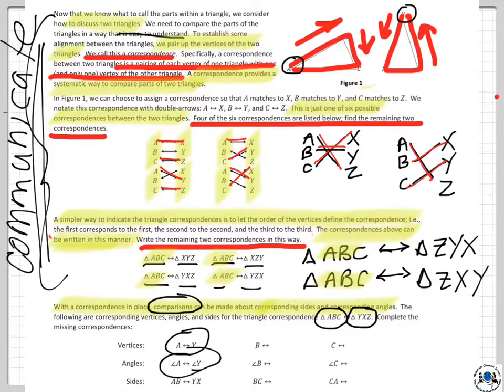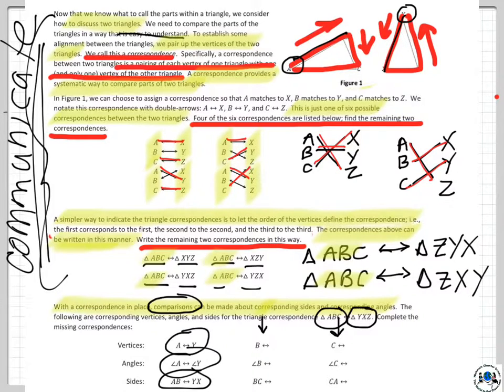Then sides AB and YX, so those correspond. So you can kind of get an idea of what's happening. Go ahead and look at all the B's. You have the vertex B, the angle B, and the side B. And over here you have the vertex C, the angle C, and the side CA. I'm sorry, that bottom one was actually side BC. So go ahead and complete those.